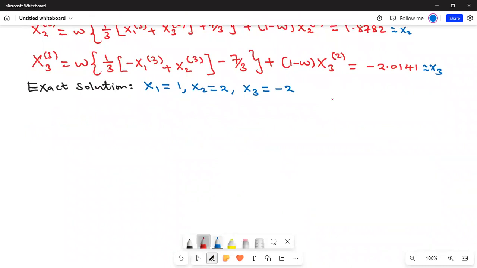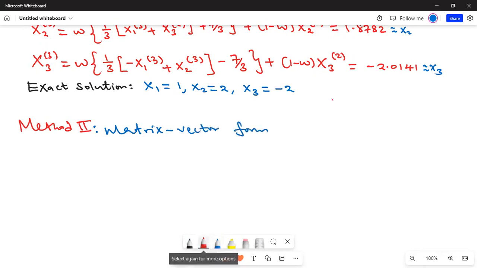Another method is when you use matrix vector form. Method 2 is using matrix vector form. This is how you are going to calculate your x vector at level k plus 1.